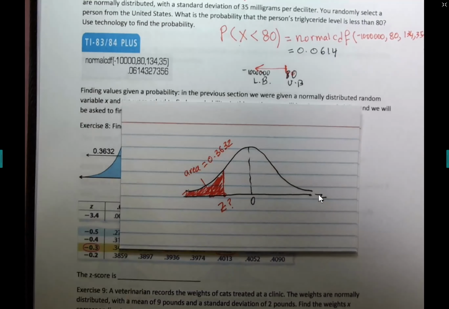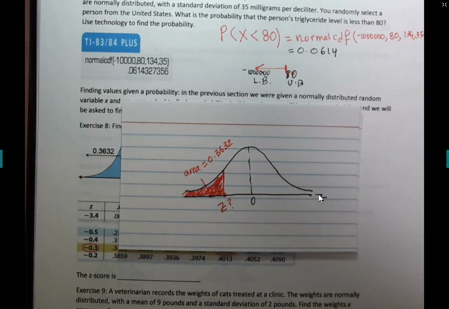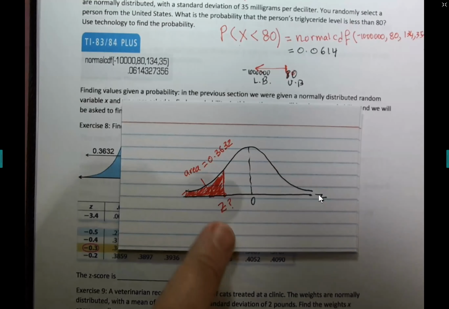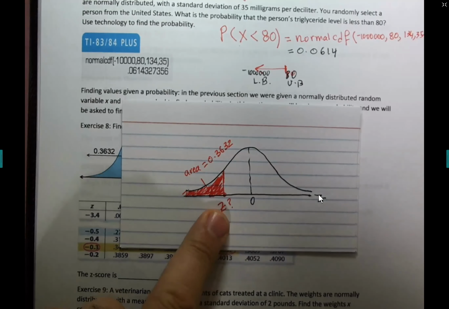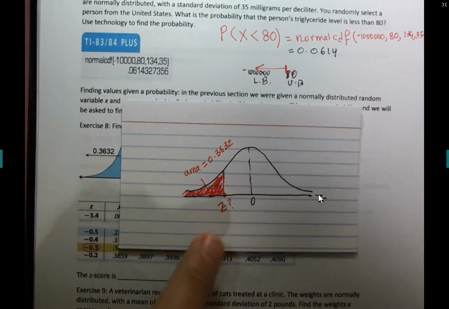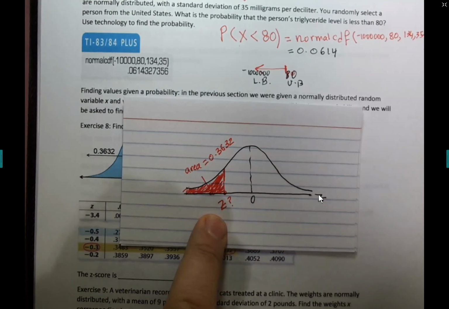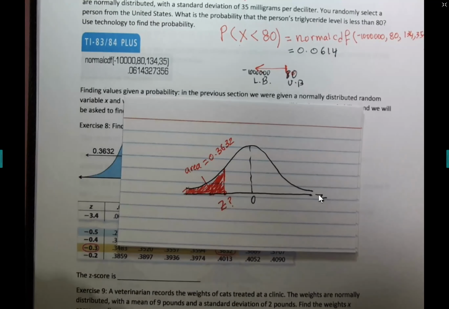Here's what we have been doing so far, guys. I'll give you the Z, and all what I did last week and this morning: I give you Z, and then I tell you, find the area to the left of this Z, find the area to the right of this Z, find the area between two Z scores. And you've been using the normal CDF feature, which is great.